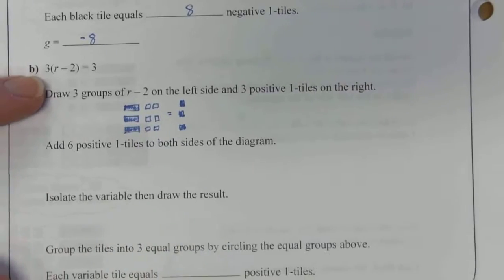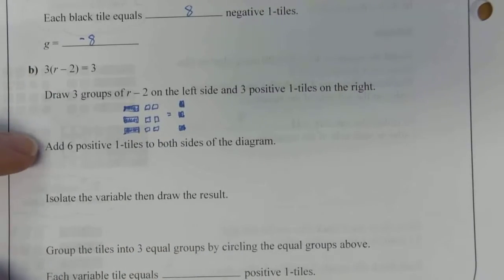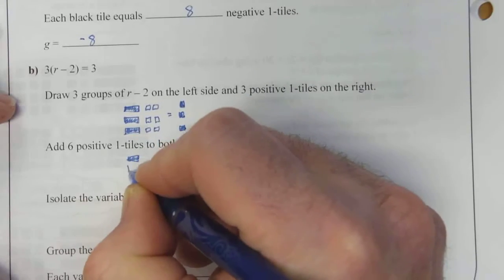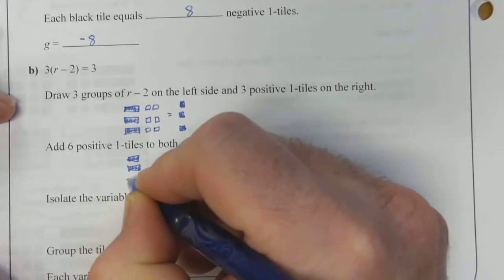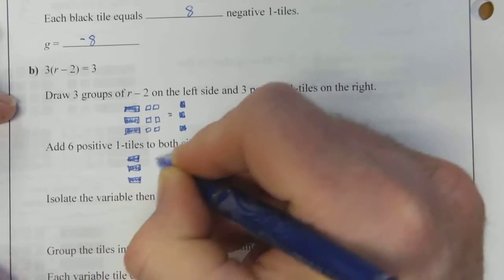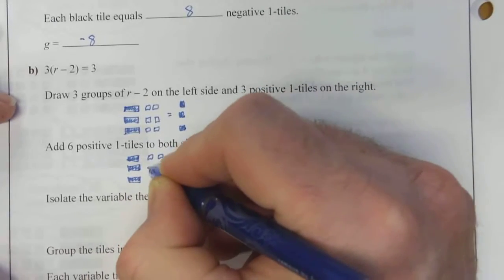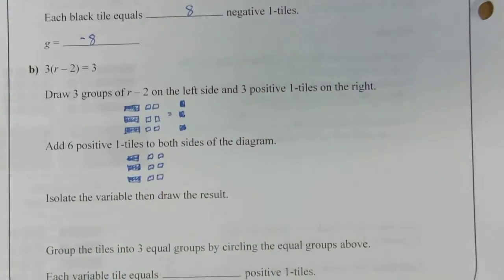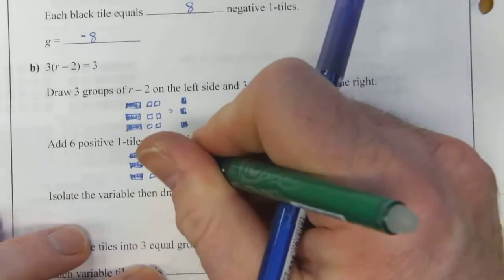So we want to get the variables by themselves, so we're going to add in positive tiles to get rid of these negative tiles. So let's draw those in.